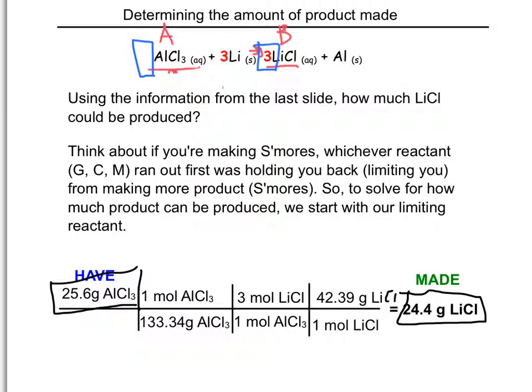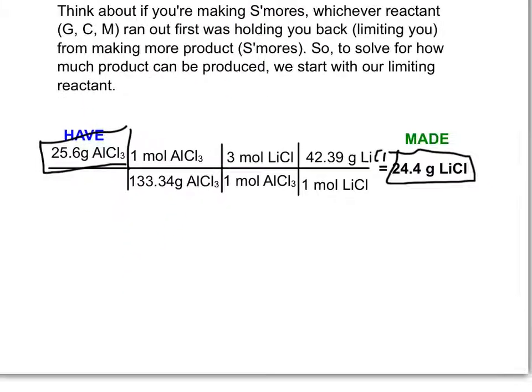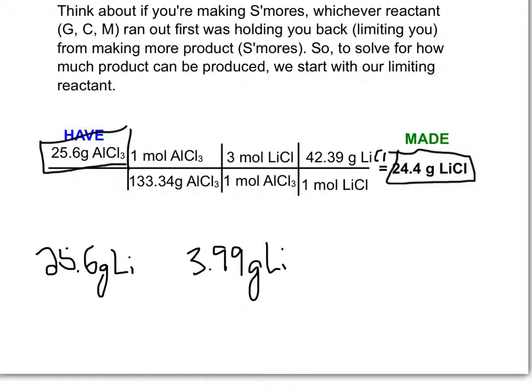Now what we might want to know is, now that I've used up all my aluminum chloride, how much of my other reactant, my lithium, am I going to have left over? To solve for this is actually pretty simple. On the last slide, we determined that to react with my 25.6 grams of aluminum chloride, I would need 3.99 grams of lithium. The last problem also told us that we were starting with 25.6 grams of both reactants, which means I had 25.6 grams of lithium, and I also have 25.6 grams of aluminum chloride.